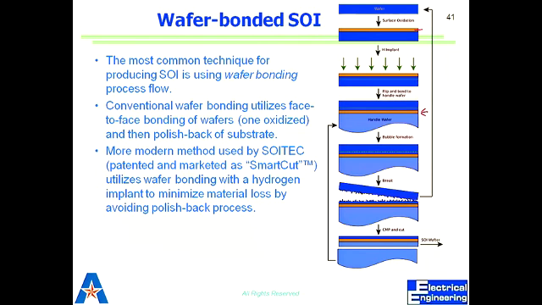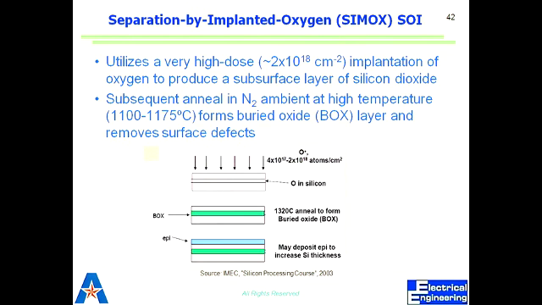So you can make SOI wafers by simple buried oxide or by SOITEC, which uses a hydrogen implant to minimize the material loss. And the other one, implantation, is called SIMOX, where you implant oxygen species and anneal them, and they form buried oxide. So you can control this thickness to a very fine size.